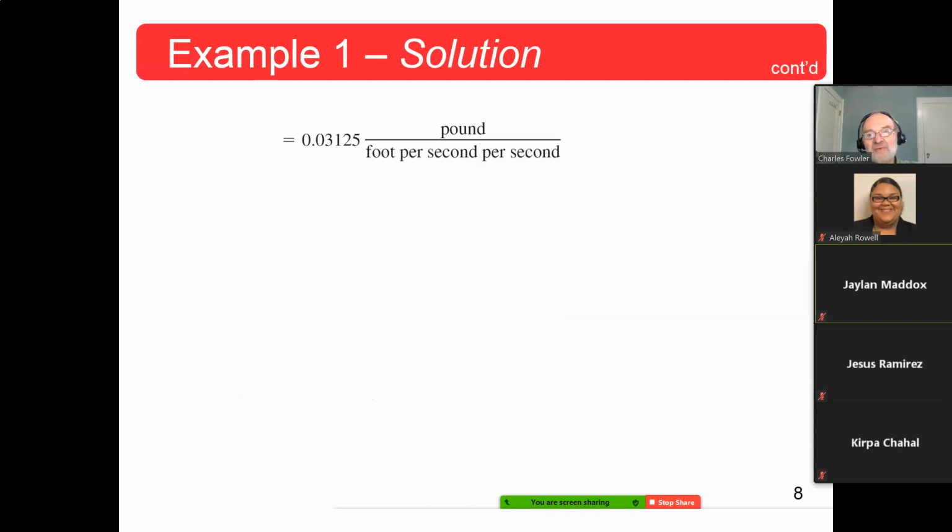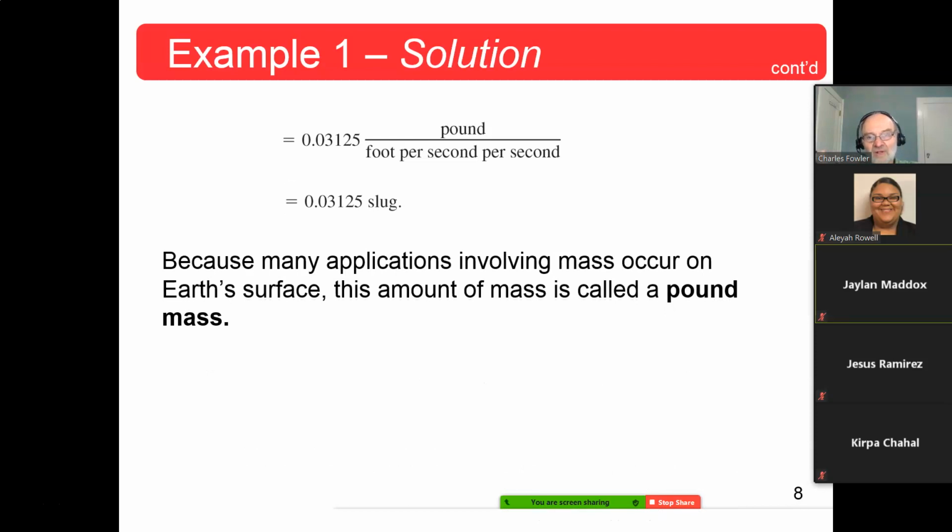And that would be 0.03125 pound per foot per second, or slug. And this is what I just said, because many applications involving mass occur on the Earth's surface, that is what they call a pound mass. That would be a slug. That would be 1 pound, the mass of 1 pound.